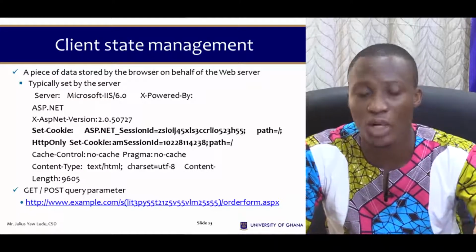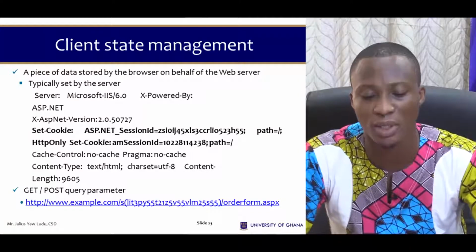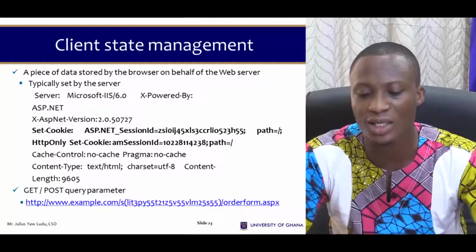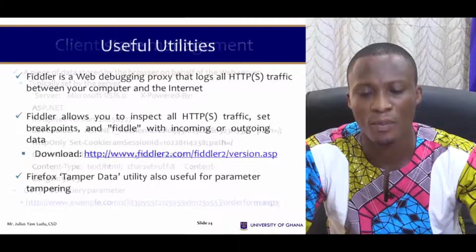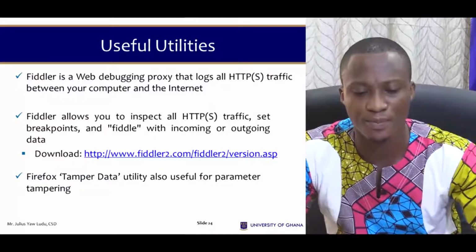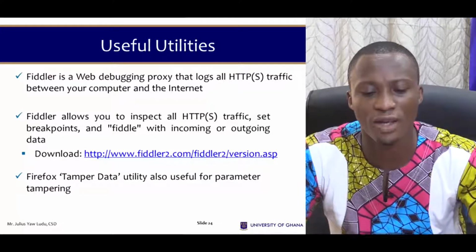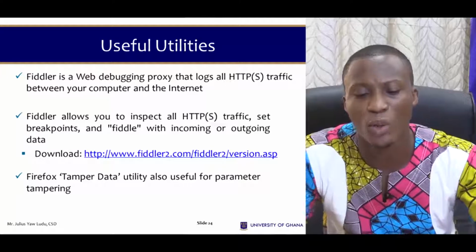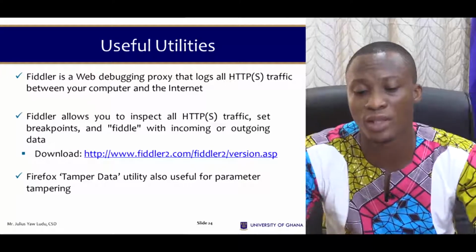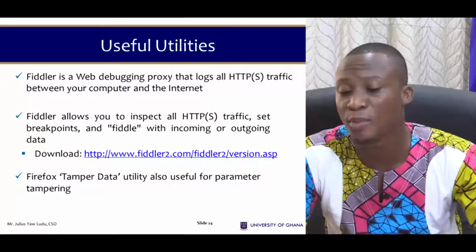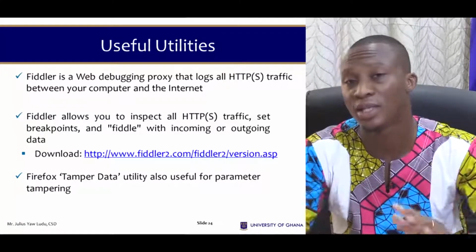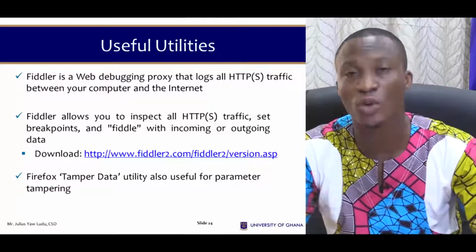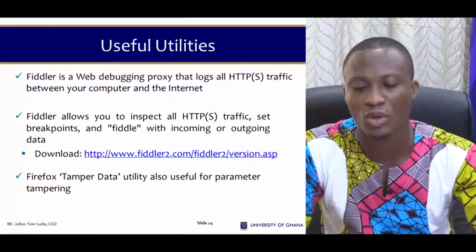Now we later talked about the GET and POST query parameters, and that is a link that can give you more detail on that. Now some useful utilities. Okay, so we have Fiddler, which is a web debugging proxy that logs all HTTP. Now we have HTTP and HTTPS, with the S being the secured Hypertext Transfer Protocol.